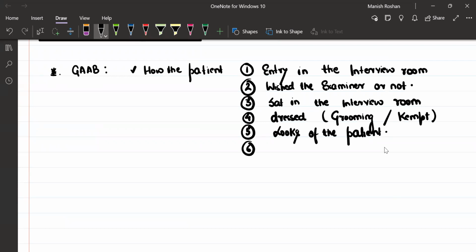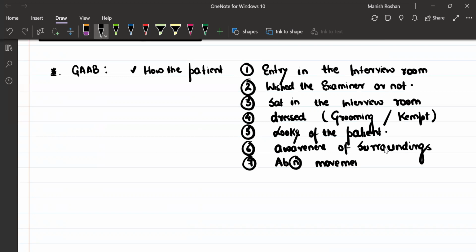Mention the awareness of the surroundings, whether the patient was aware of the surroundings or not. Also mention any abnormal movements, for example, any sort of tremors, any sort of foot tapping.